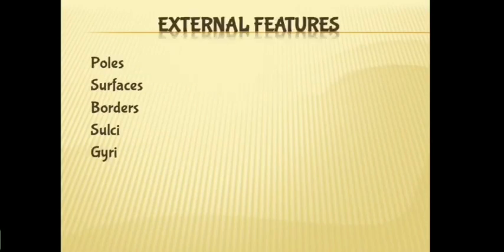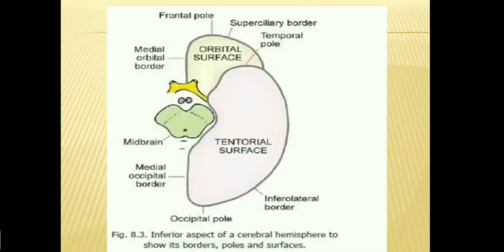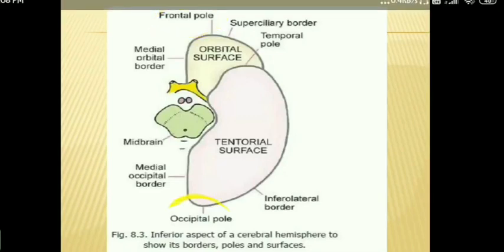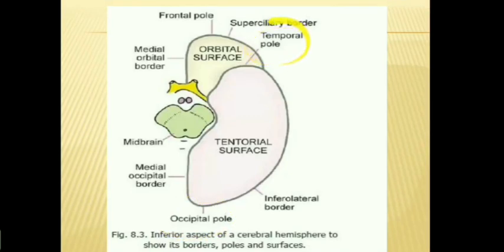Now let's see about the external features: the poles, surfaces, borders, sulci and gyri. About the poles, the cerebral hemisphere has three poles: the frontal pole, this is the frontal pole, the occipital pole, and the temporal pole.